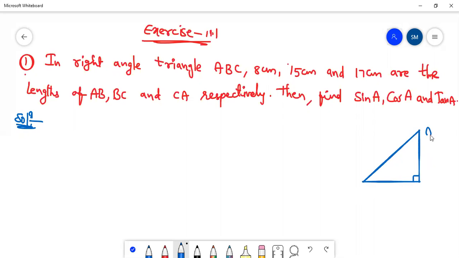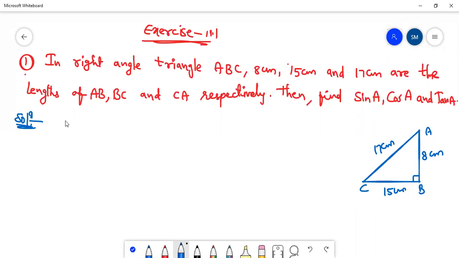Here A, B, C. The AB length is 8 centimeter, BC length is 15 centimeter, CA length is 17 centimeter respectively.